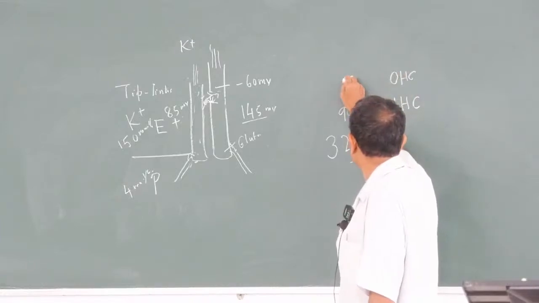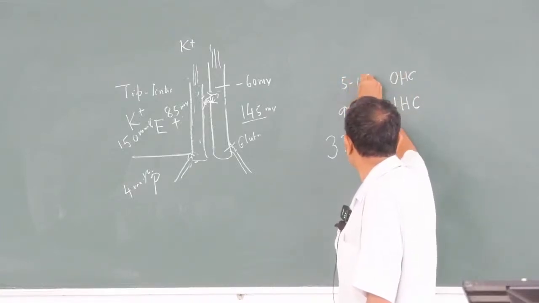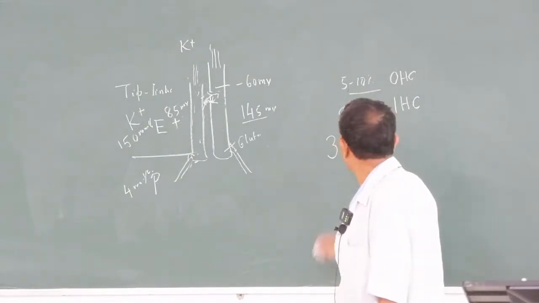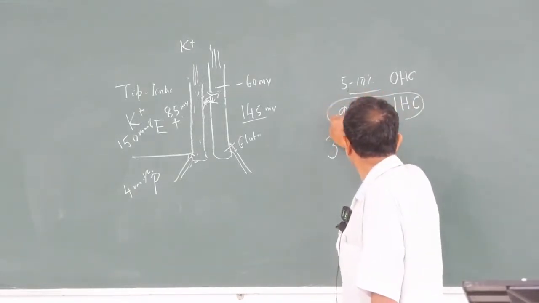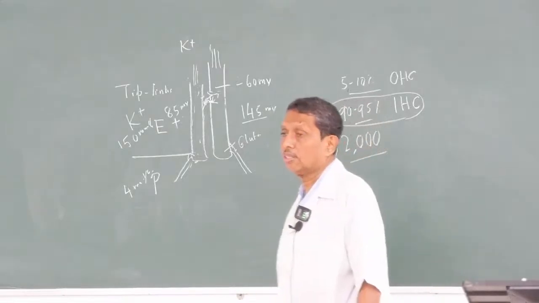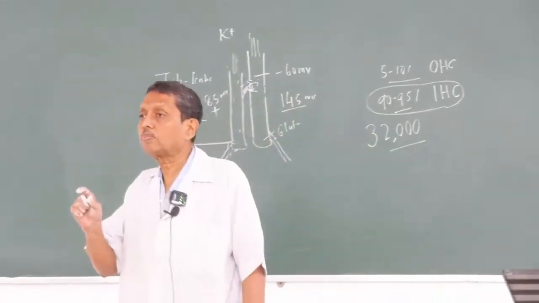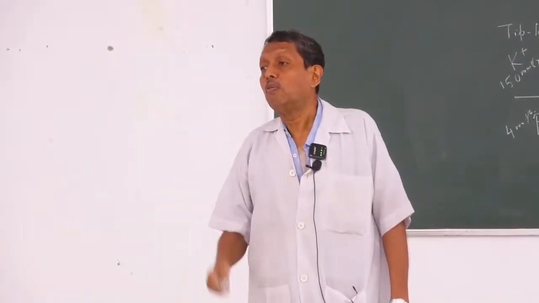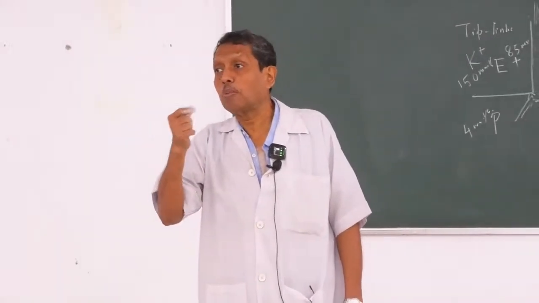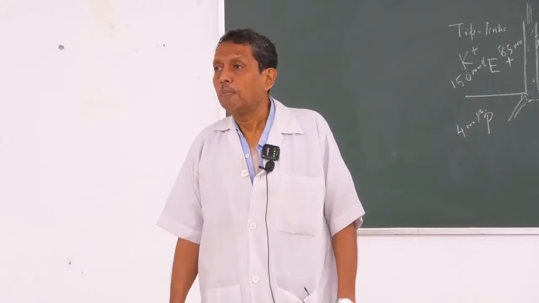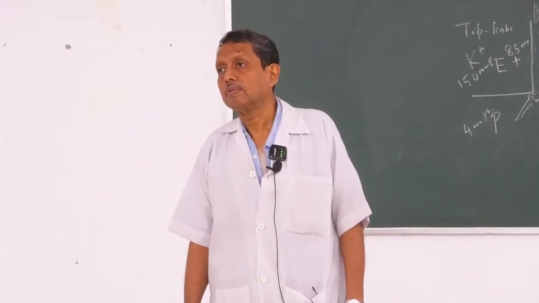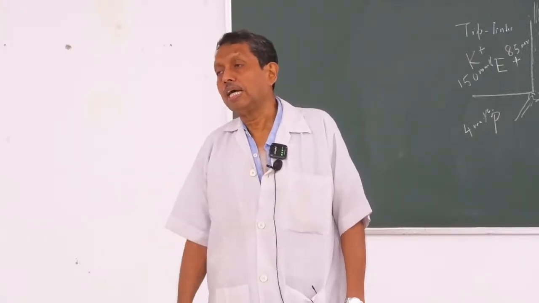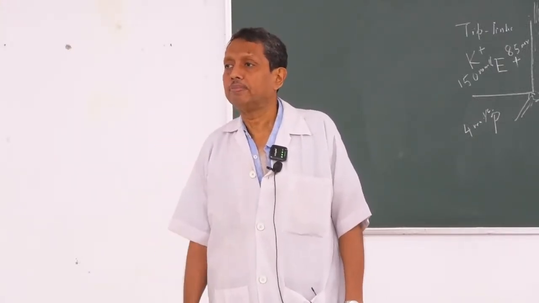The inner hair cells are the cells that are primarily responsible for our perception of hearing. And the outer hair cells, they also respond to sound. Their functions are to some extent different.